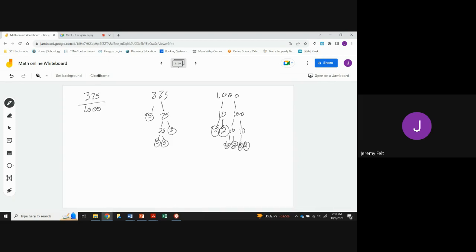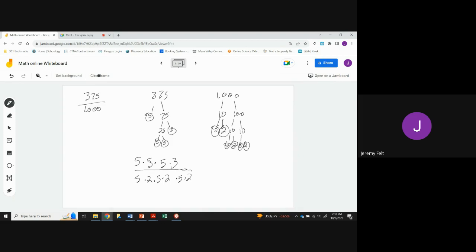Okay, now we're not done, but this helps us. Now we rewrite it. And again, it's multiplication, so we can do it in any order: 5 times 5 times 5 times 3 for 375, over 5 times 2, 5 times 2, 5 times 2.